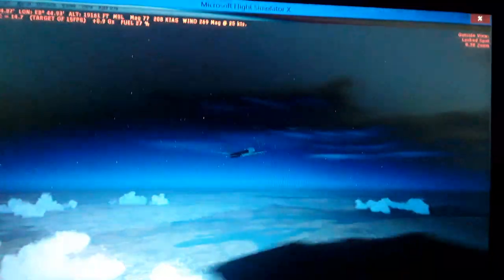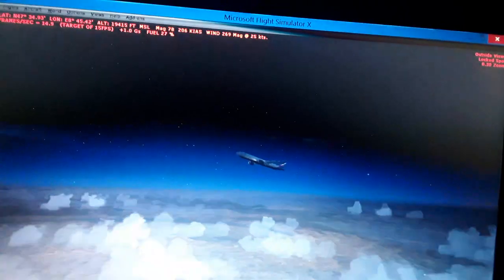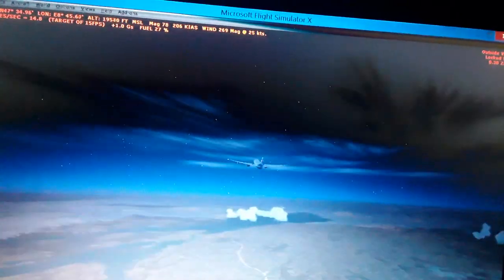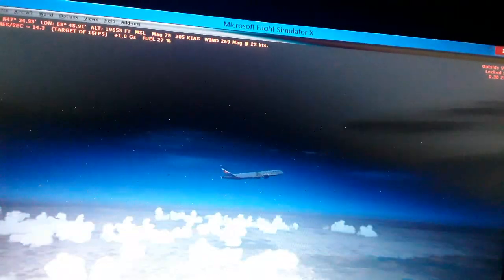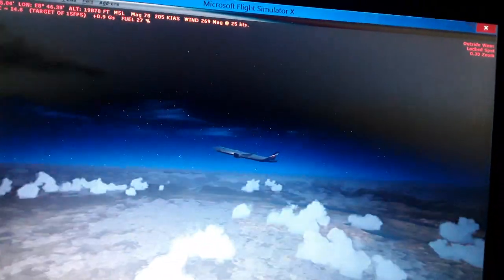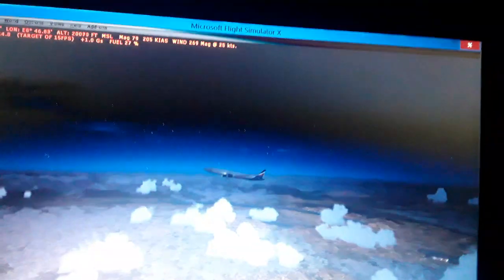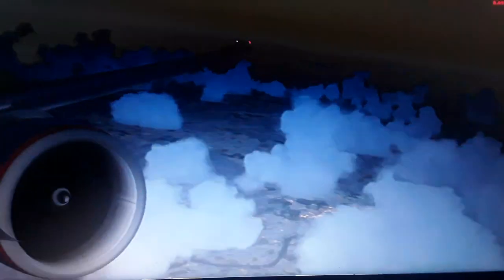So we keep climbing, as you can see here. So the Germany to this side, the France to this side, and also the Switzerland from here. So we're going inside 30,000 feet right now.